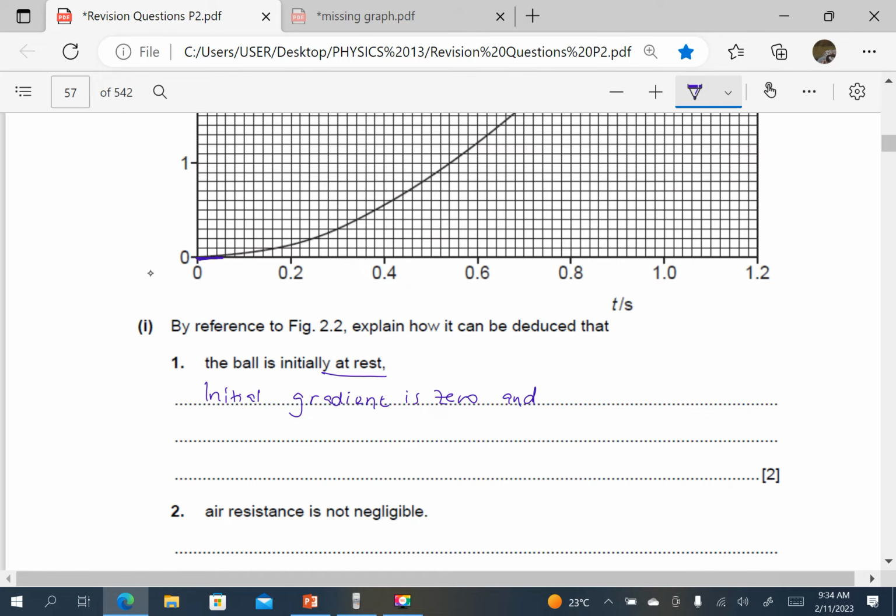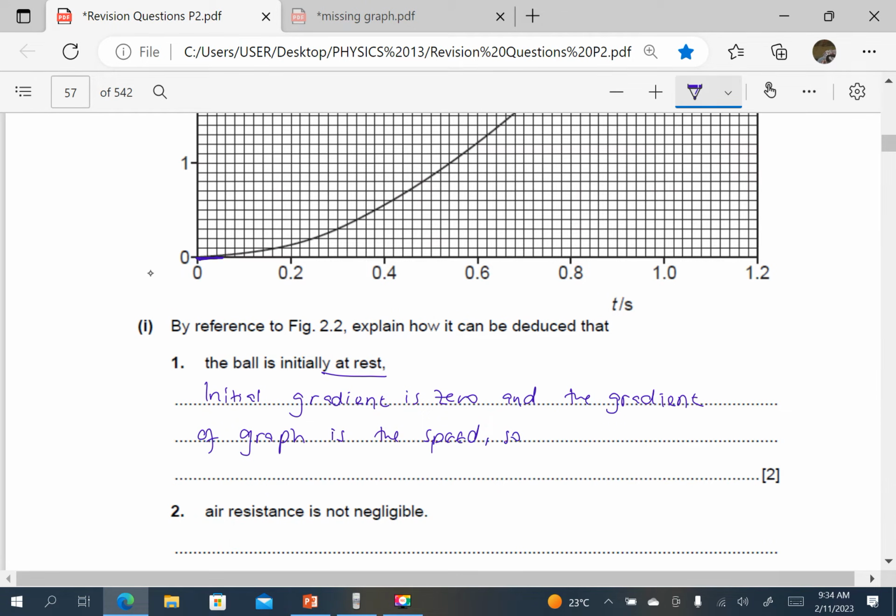Initial gradient is 0, and the gradient is the speed.